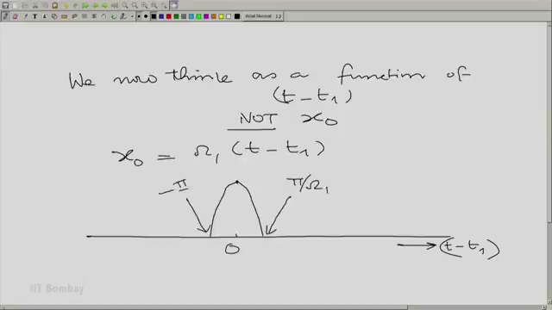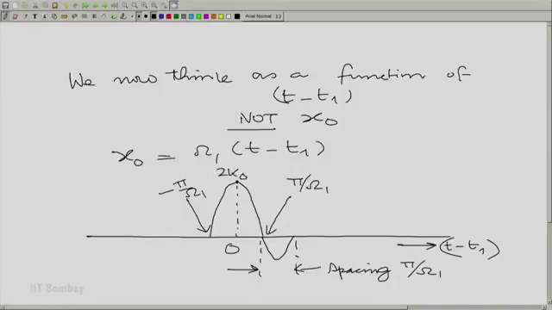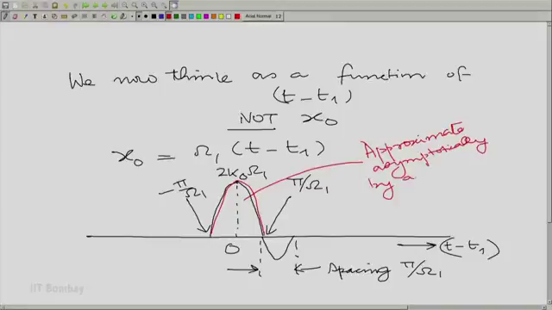So minus pi by omega 1 on this side, and of course the spacing between the nulls is also the same, pi by omega 1, and the height here is of course 2 kappa 0 times omega 1. So now let us visualize that you could start thinking of this part, approximate this asymptotically by a triangle.